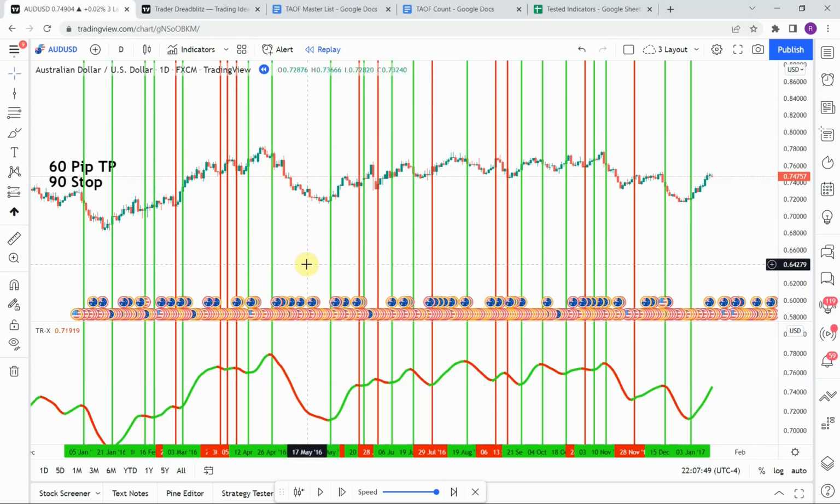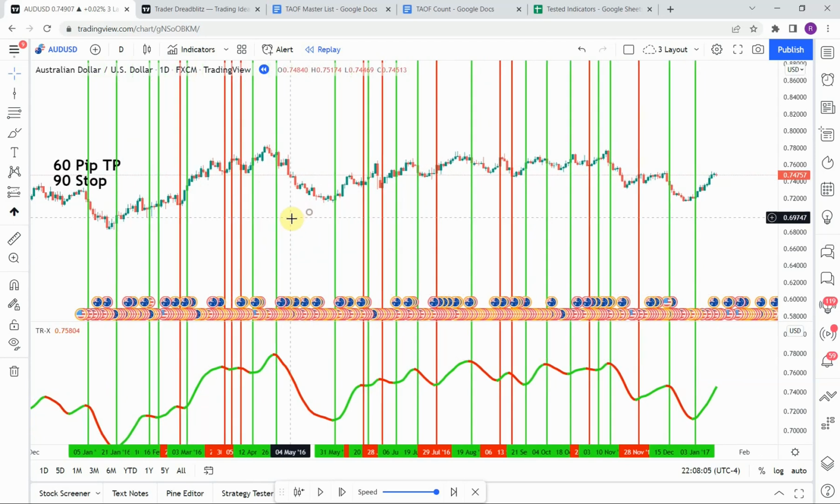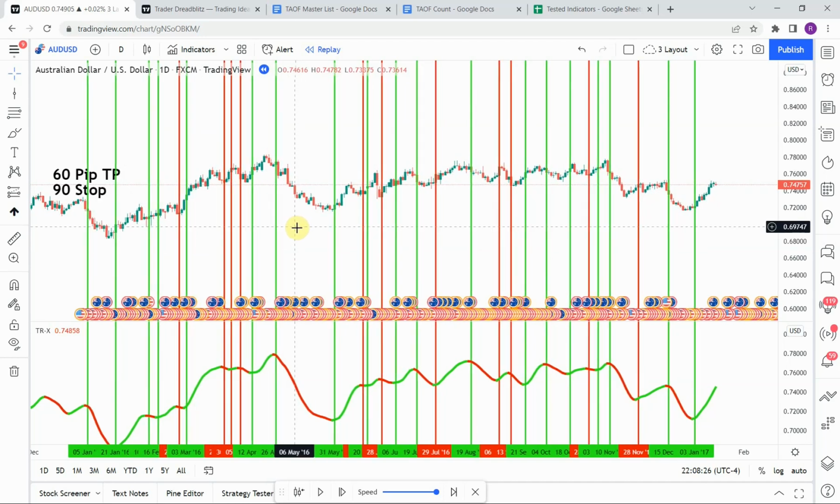gave us that really decent number of trades within 1 year's time, which means that if we were to filter out some of these losing trades, or even a few winners here and there, but more so some of these losing trades that it got us into, then if the signal rate dropped to, say, 25 or even 30, that is still a really decent number of trades within the 1 year's time, and hopefully would do so with even more accuracy.